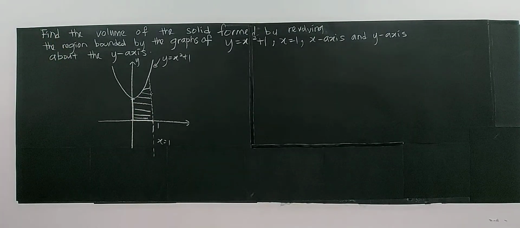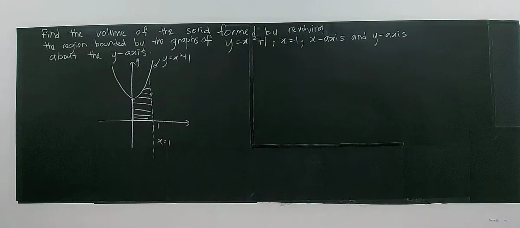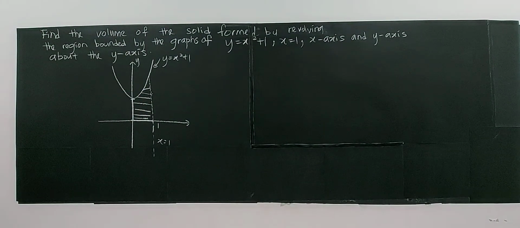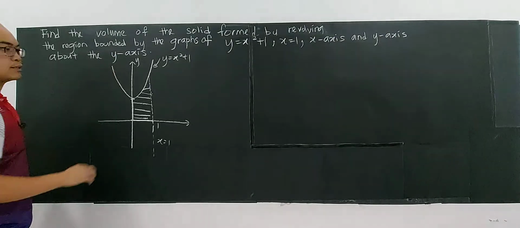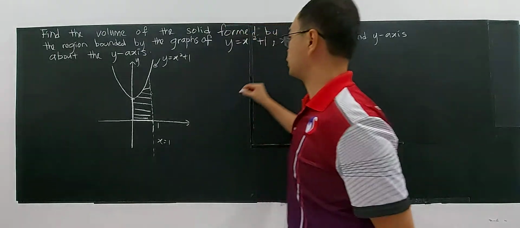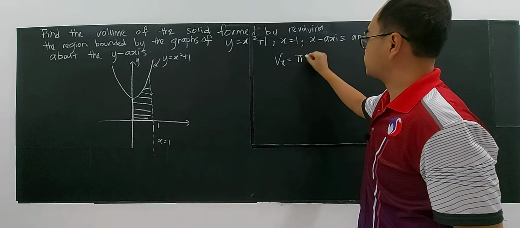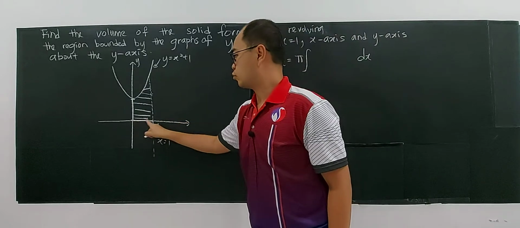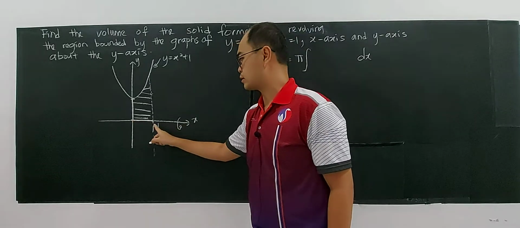So let's look at this region carefully. Now because we want to rotate about the y-axis, it's different from rotating through the x-axis. If we rotate through the x-axis, for example, the volume of revolution will be written this way: pi integral dx from 0 to 1, because now we rotate through the x-axis, so the limits we take are 0 to 1.